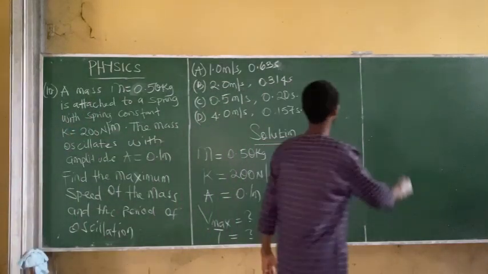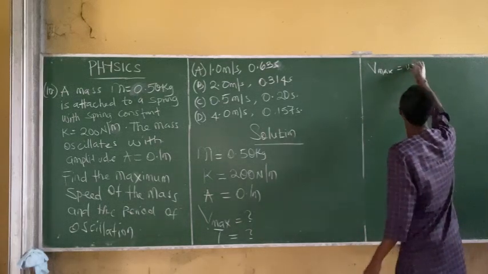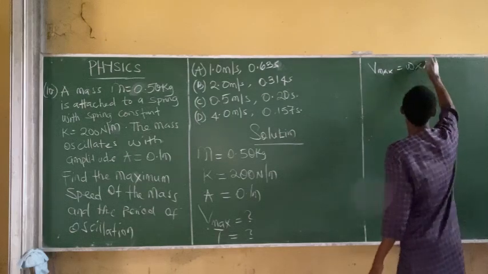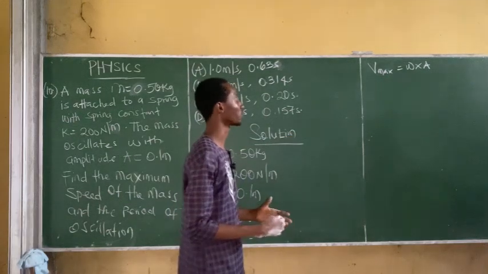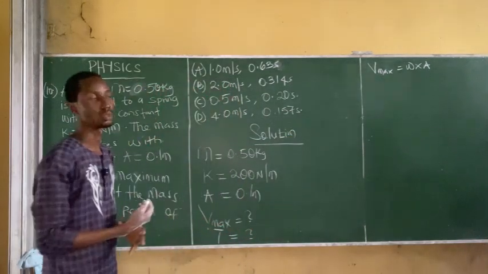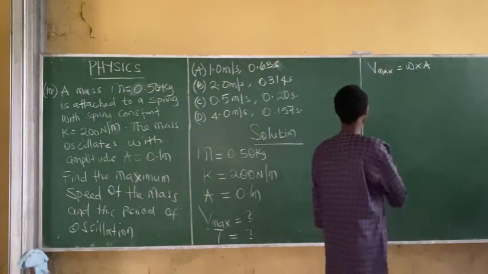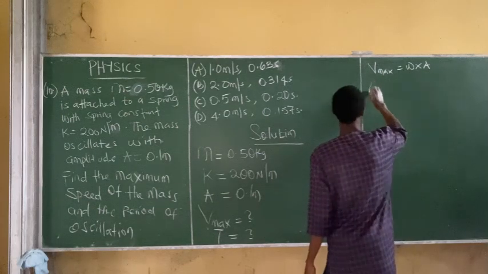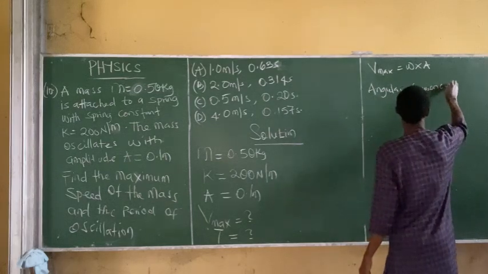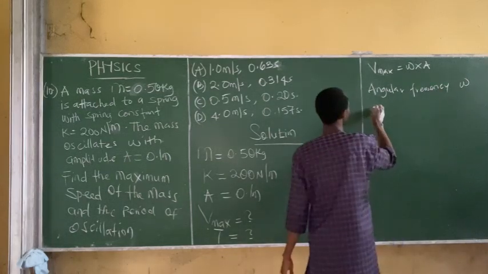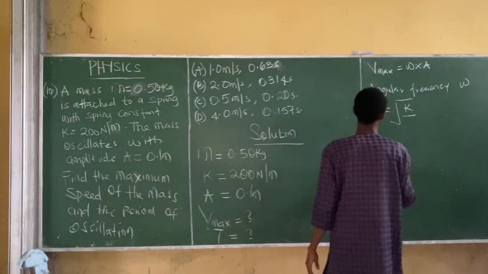Recall that Vmax, which is the maximum speed, is equal to angular frequency times amplitude. This is the formula for Vmax. We know the value for the amplitude, but we don't know the value for angular frequency. So we recall the formula that angular frequency omega is equal to square root of k over m.